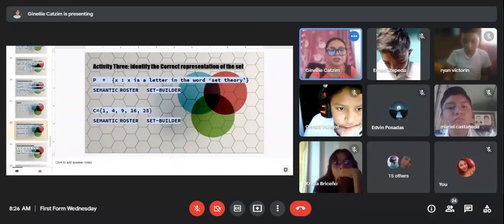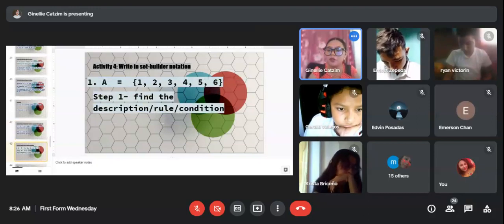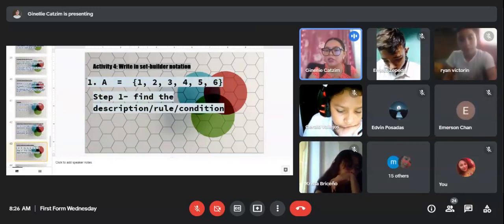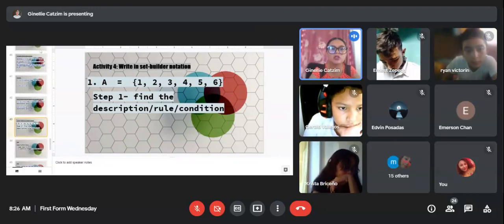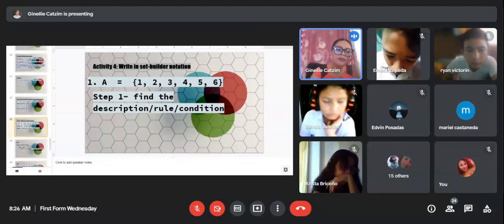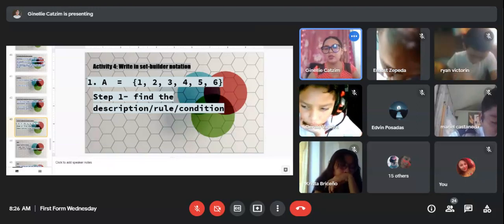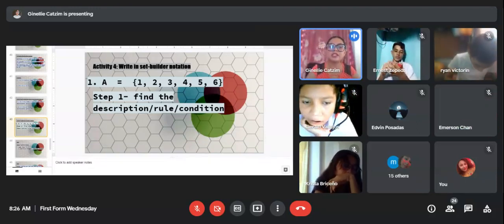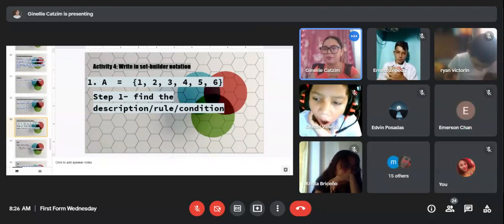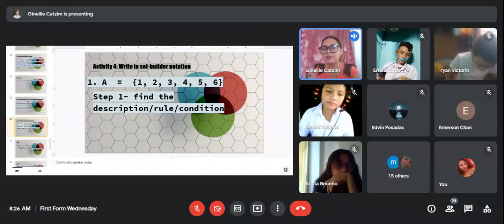So very good. Now, for this one, we will do this together. We will get this set builder notation together. So we have E equals 1, 2, 3, 4, 5, 6. What is the description? Can anyone tell me what is the description quickly?